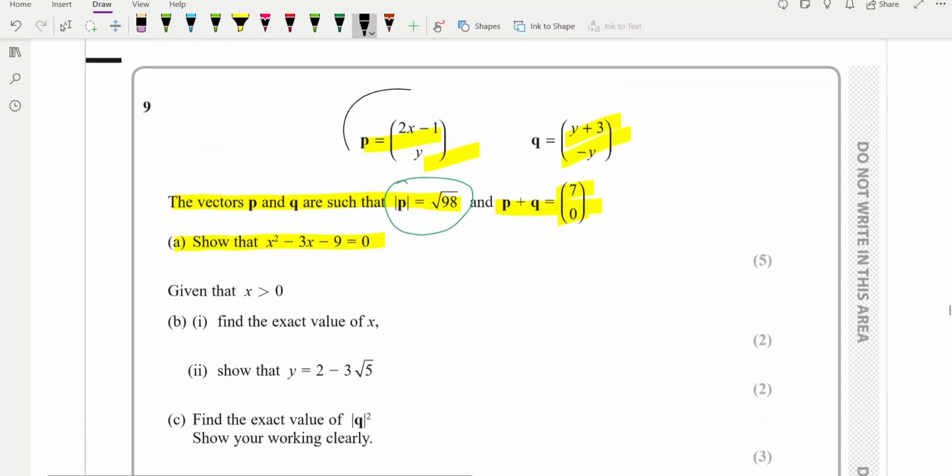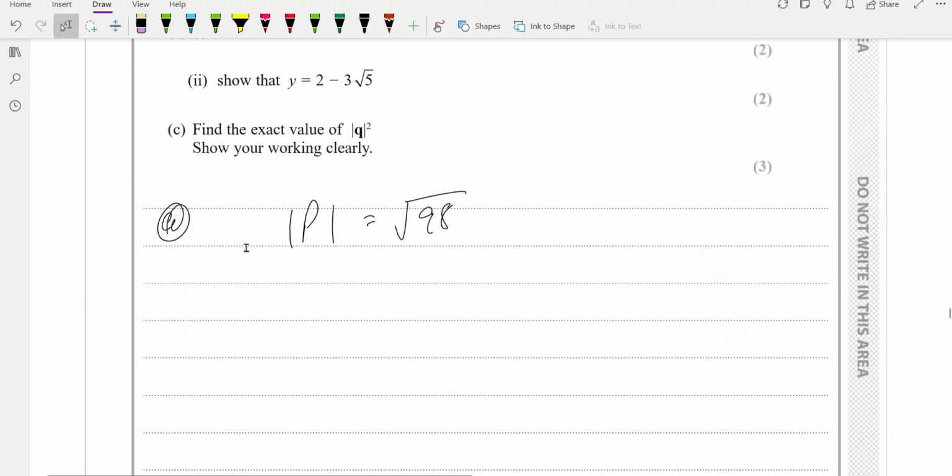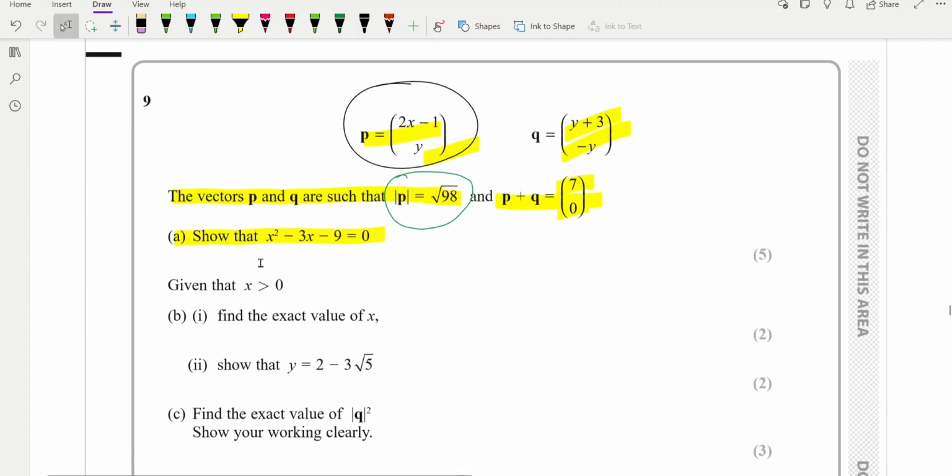P is this one, so we can find the mod as root of x square plus y square. So x square plus y square under root will be mod P. The x value is 2x minus 1.